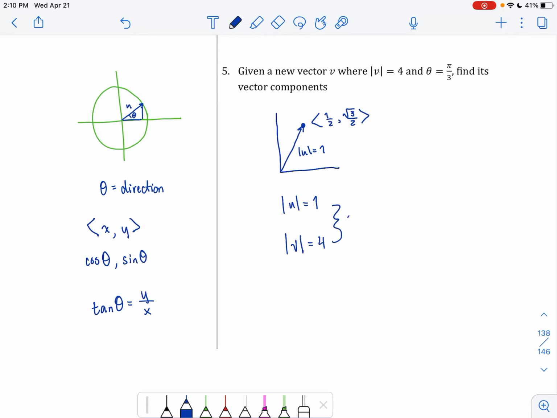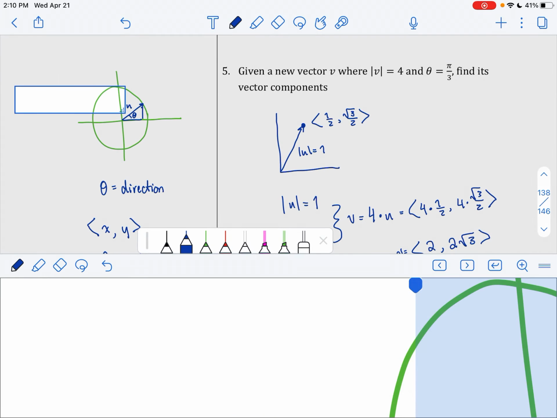These two ideas together imply that v is equal to 4 times u, which we can use our coordinate point, 4 times 1/2, and 4 times root 3 over 2. Simplifies, the components of v are 2 and 2 root 3.